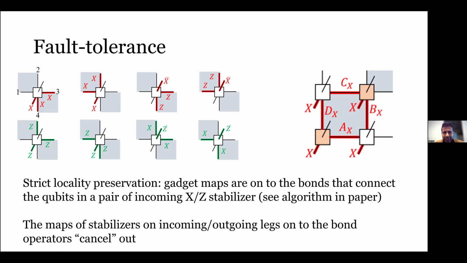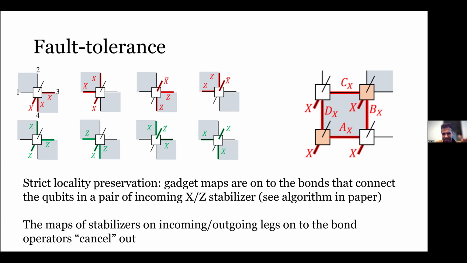It's not like arbitrary bonds connecting gadgets far away. The connectivity between the gadgets is chosen according to that minimum weight stabilizer generator basis that shows up in the Tanner graph. So in that sense, there is this locality preservation that we have for these gadgets.